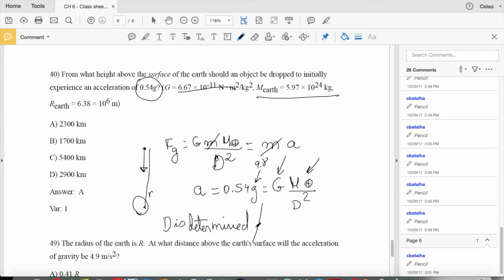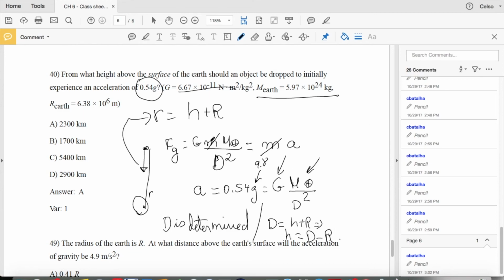But what is d? d is the distance from where the object is to the center of Earth, which I'm calling r. But r is what? It is the height, which is the distance of the object to Earth's surface, plus Earth's radius. So d is equal to height plus r, and then we can find the height, d minus r.